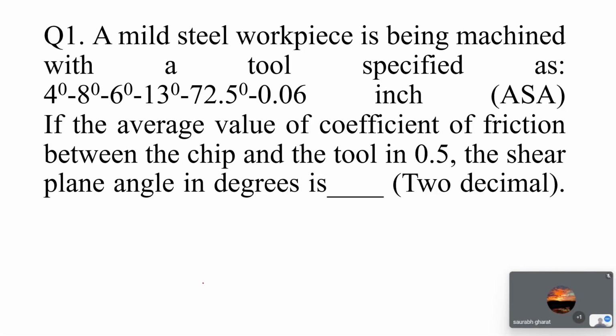My speed work is in being machine with tools specified as for this the typical ASA structure they are given here, and if the average value of coefficient of friction at the tool-chip interface is given, mu is equal to 0.5, so we know lambda is equal to tan inverse of mu.